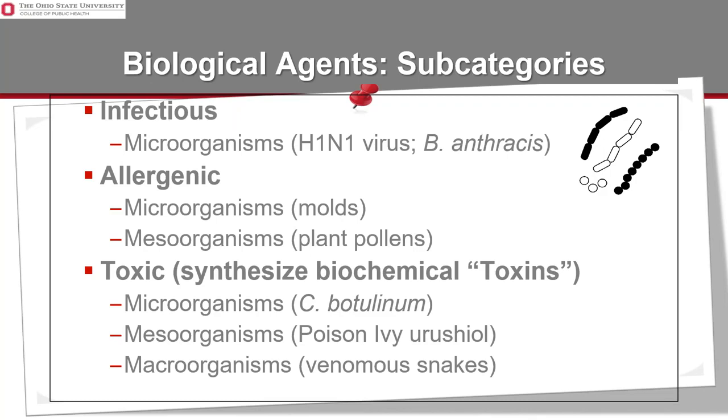So Clostridium botulinum is a major example you should be familiar with. The botulinum toxin is synthesized by the bacteria, and this is one example, but there are other toxins or biotoxins synthesized by higher scale organisms as well.